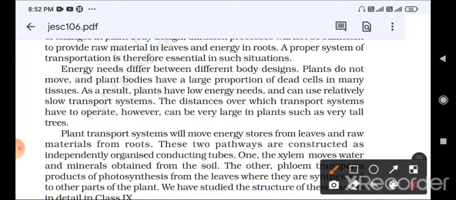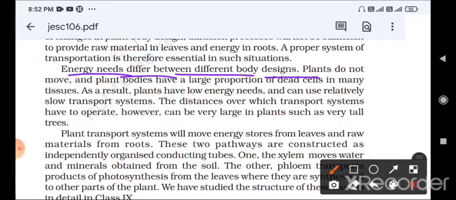We already know that energy needs differ between different body designs. Someone will take more energy, someone will take less energy, depending on their body designs.